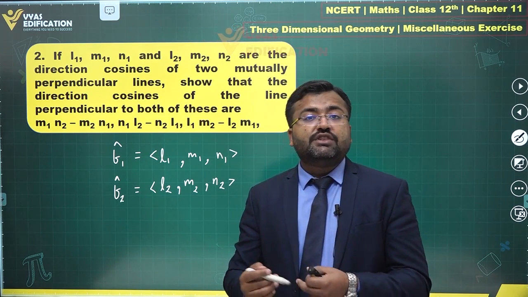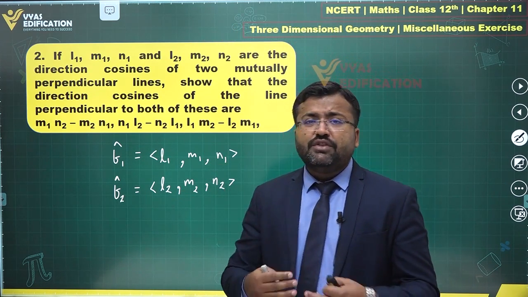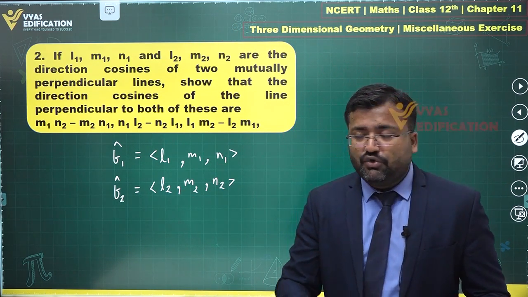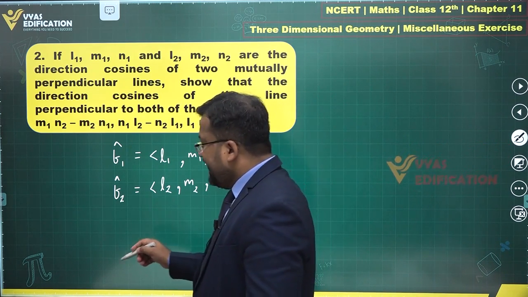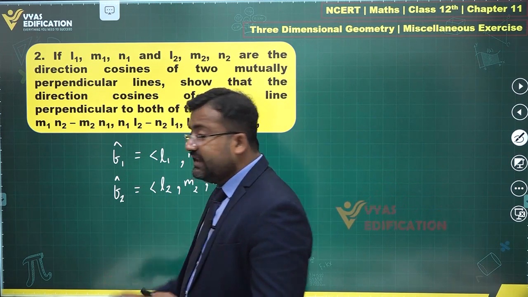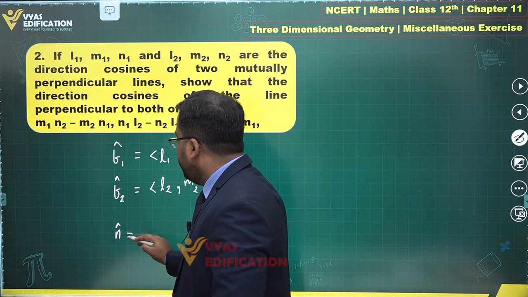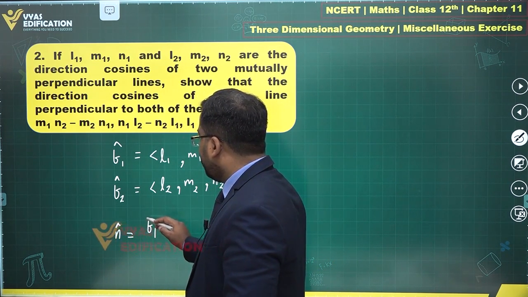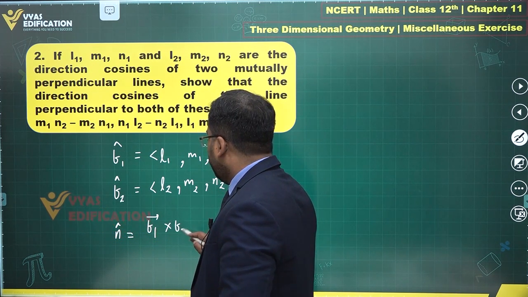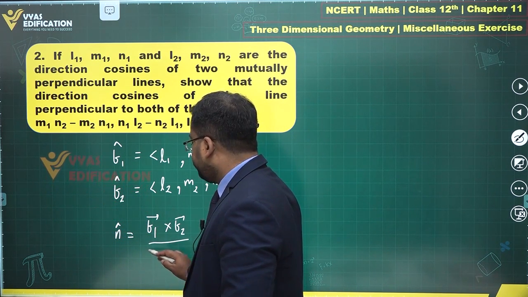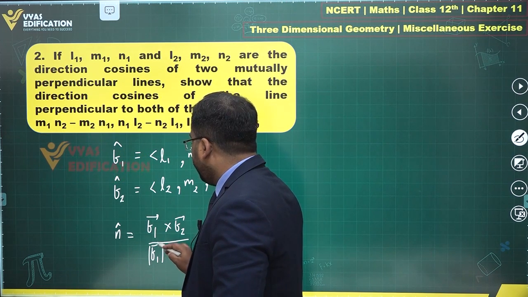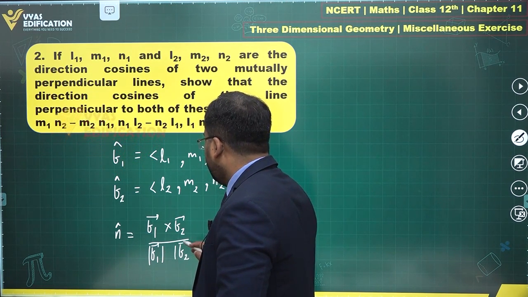If you want a vector which is perpendicular to both b1 and b2, obviously you'll have to find the cross product of both of them. In case of cross product, we'll be taking a look at the unit vector along the perpendicular, n cap, which will be equal to b1 vector cross b2 vector upon magnitude of b1 vector times magnitude of b2 vector.